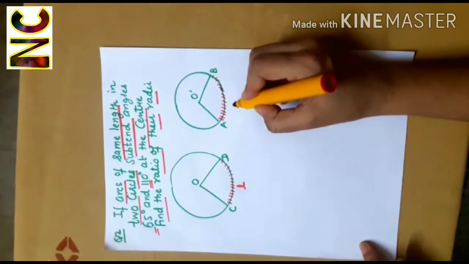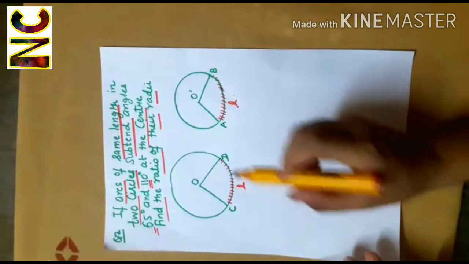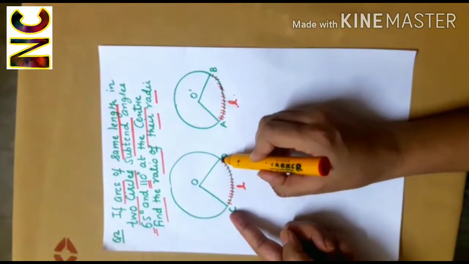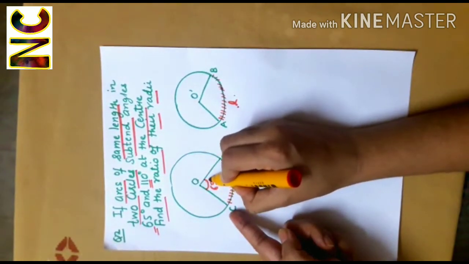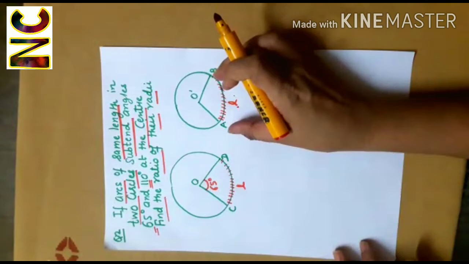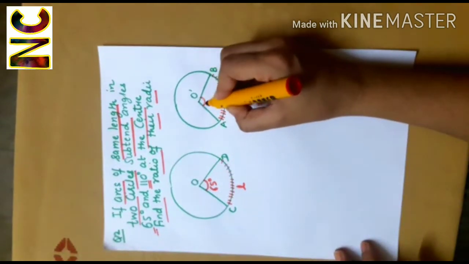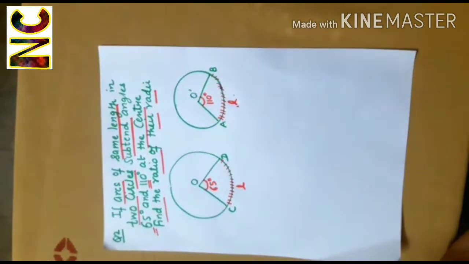So arc AB is of length L. Now in this circle, the angle subtended by this arc at the center is 65 degree, and in the second circle this arc AB subtends an angle of 110 degree at the center.